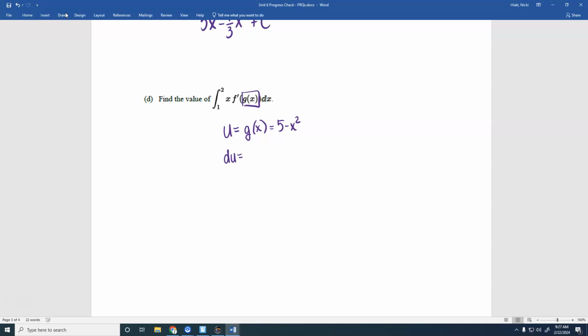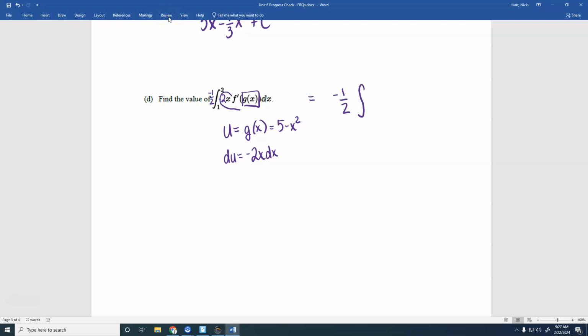All right, now, what's the derivative of 5 minus x squared? Negative 2x dx. So, I do need a negative 2 right here with that x, which means I need a negative 1/2 out front. So, to switch this to our u, we're going to have negative 1/2 integral.